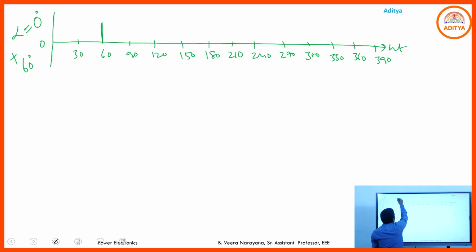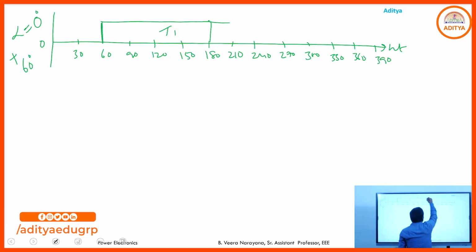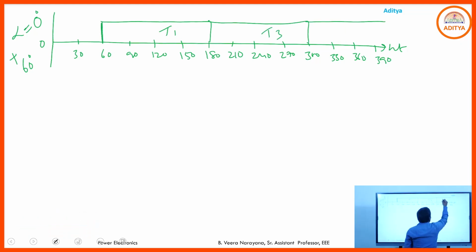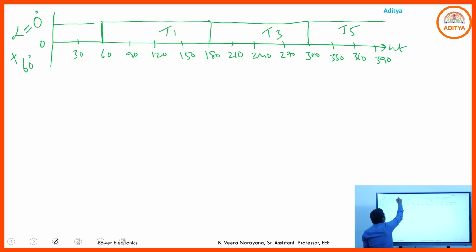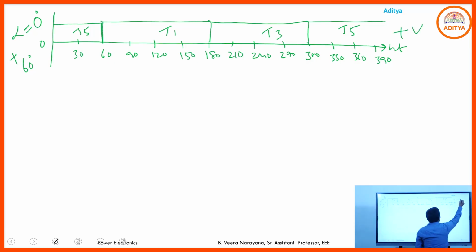So from 60 to 180, T1 will be in the on state. After 180, T3, the next positive group SCR, from 180 to 300. Next T5, and before this T1, T5. Here this is the representation of the positive group SCRs' conduction periods.